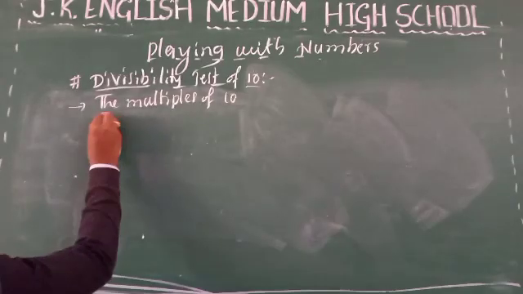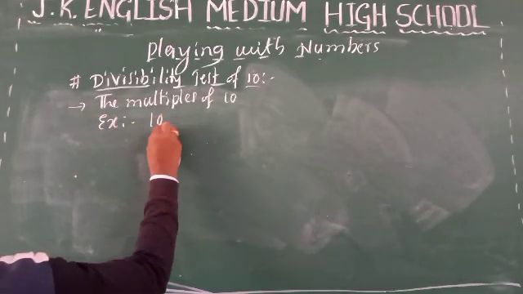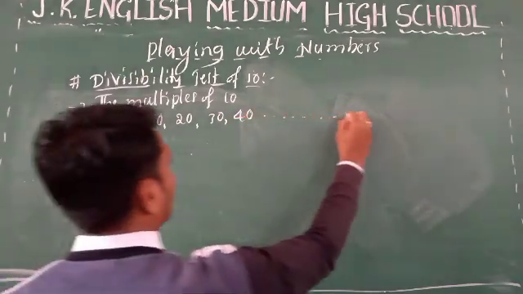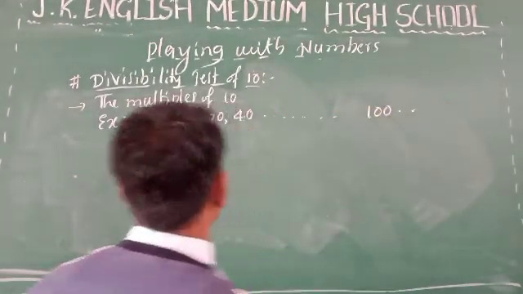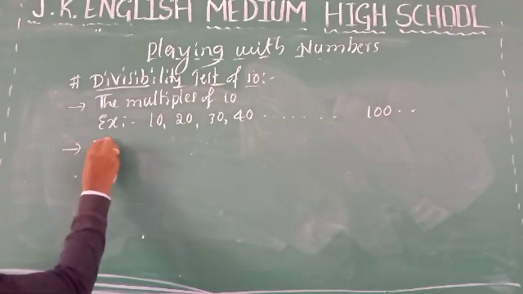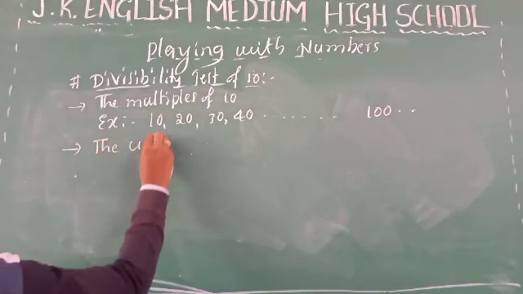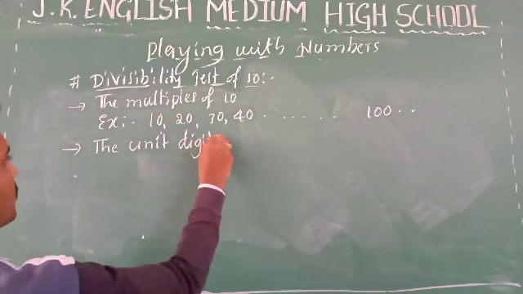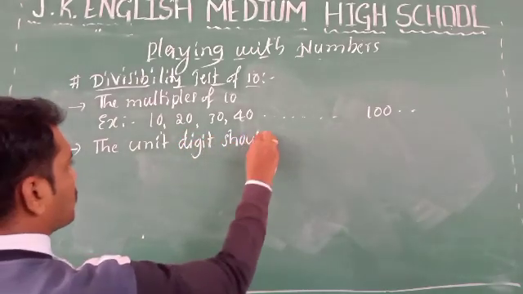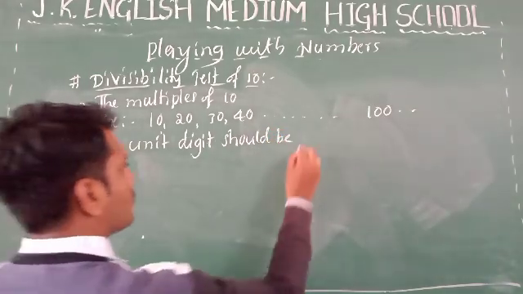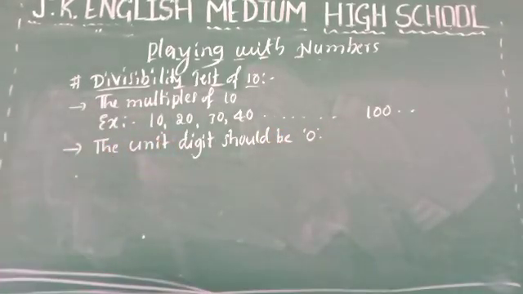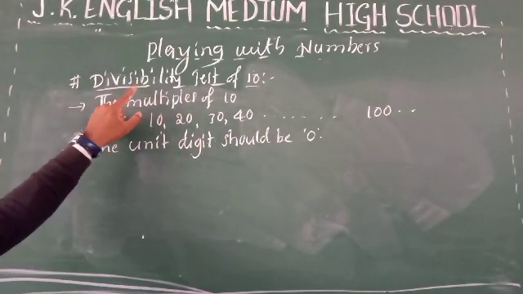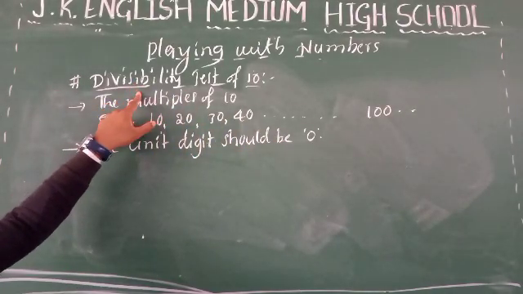For example, 10, 20, 30, 40, and so on, 100. The second rule: the unit digit should be 0.